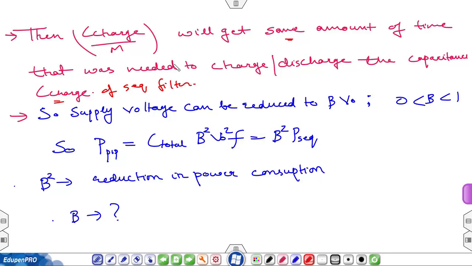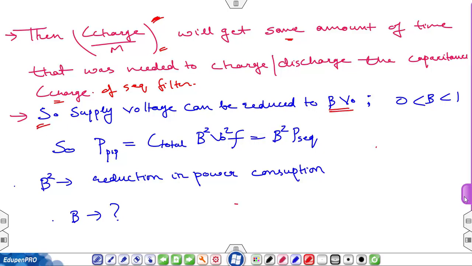Okay, so now we can charge this capacitance in a lesser amount of time, but we are providing more time to this capacitance to get charged or discharged. As a result, I can reduce the supply voltage.